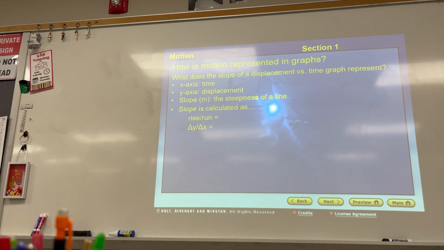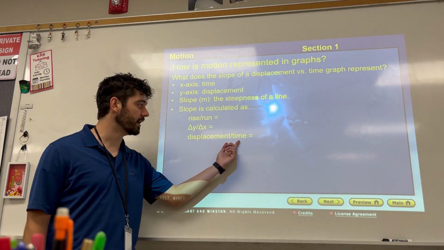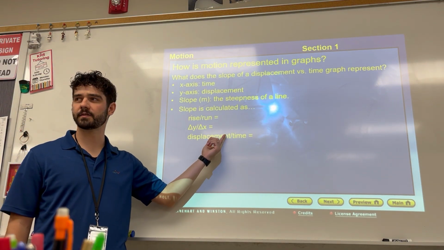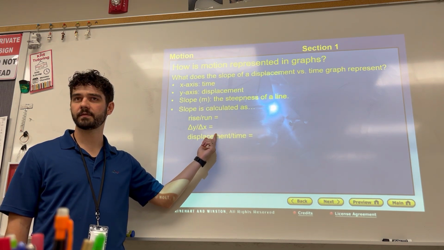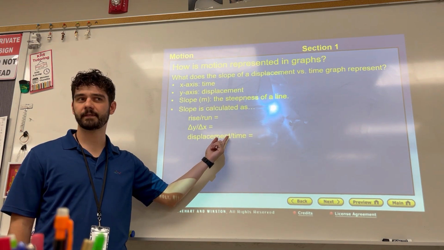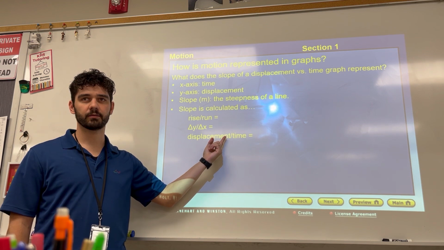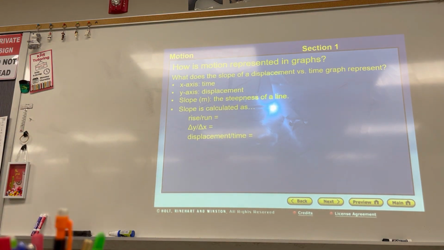Displacement over time. So delta y over delta x would be the change in displacement over the change in time. Wait a second. Displacement over time. Distance over time. That sounds familiar. What's distance over time? Speed. Yeah. Or the velocity.